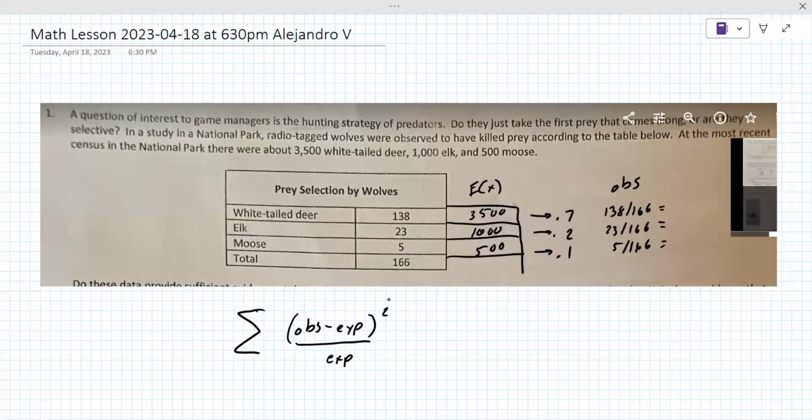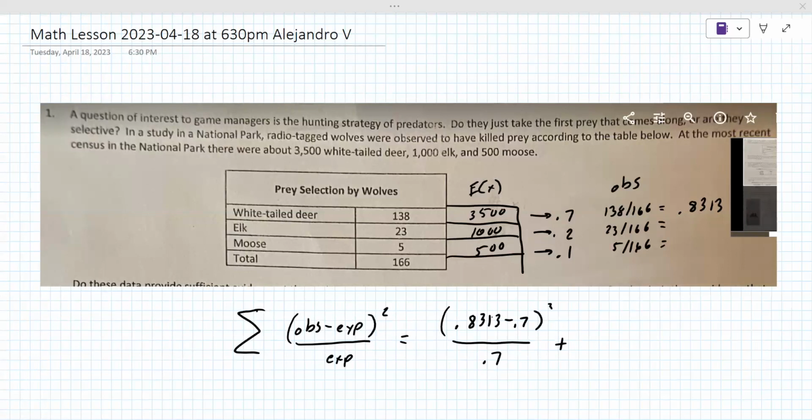Do you have this 138 out of 166 value? I got 0.8313. So that would be 0.8313 minus 0.7 squared over 0.7 plus, now we're going to do the one for 23 over 166.